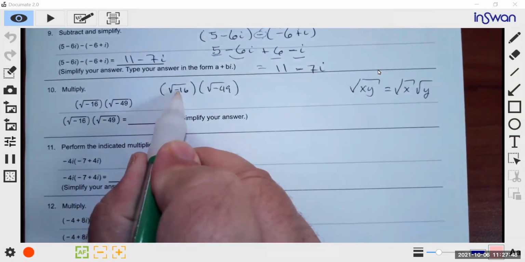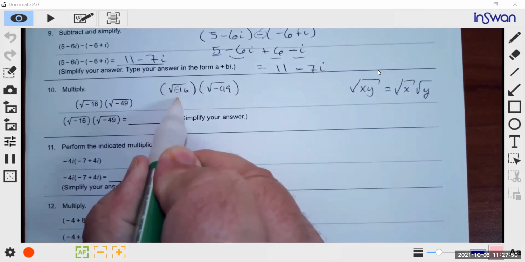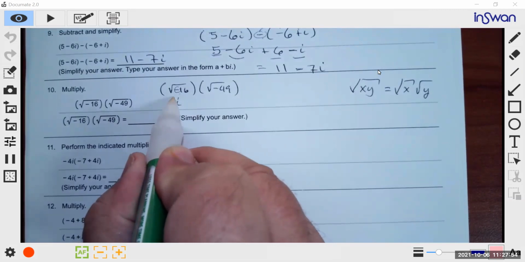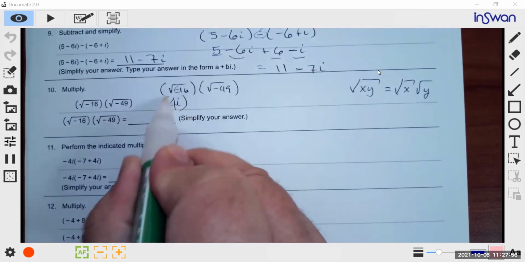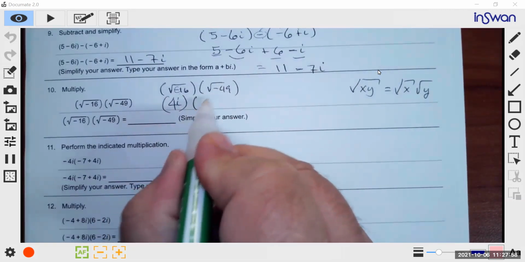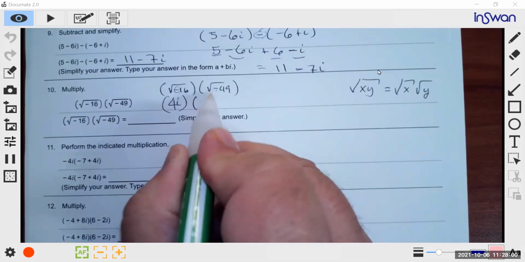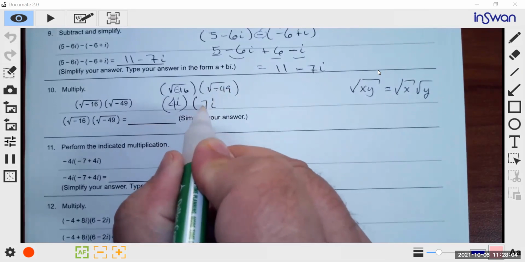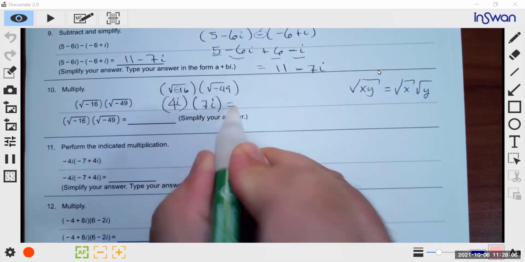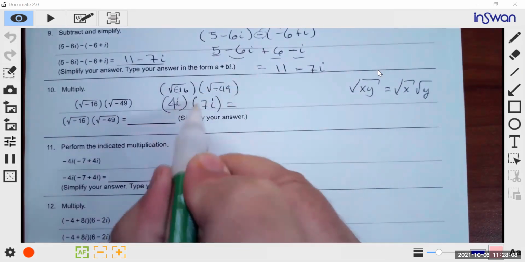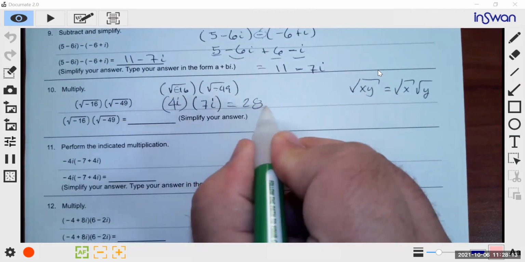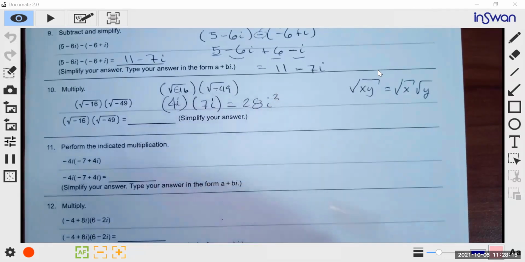This first one, the negative becomes an i. Square root of 16 is what? 4. That's the first one. Inside the second parentheses, you have the negative inside the square root, so it becomes an i. Square root of 49, 7. So 7 times 4 is 28, i times i squared.